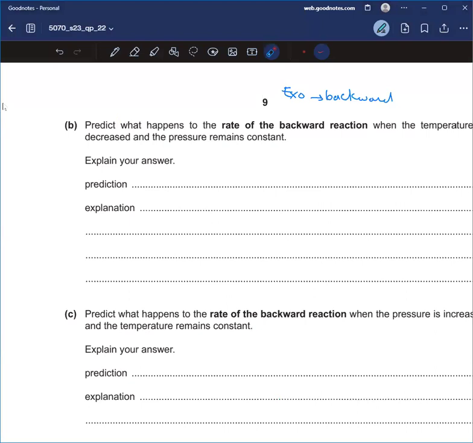Sorry, yeah, they are asking about the rate of reaction. You don't need to consider whether forward or backward is anything. We are talking about the rate of reaction. Right? Okay. So as the temperature is decreased, the rate would decrease. That's understood.